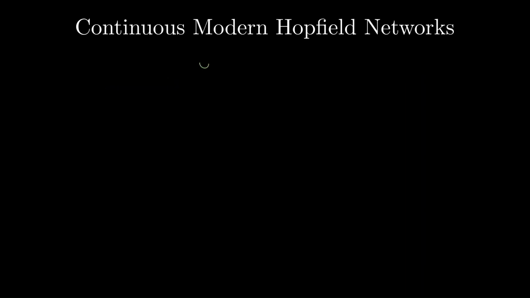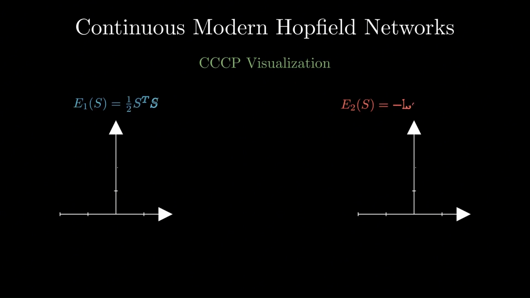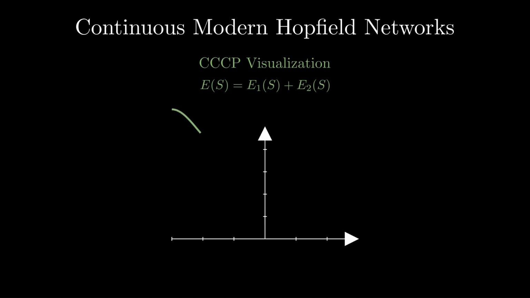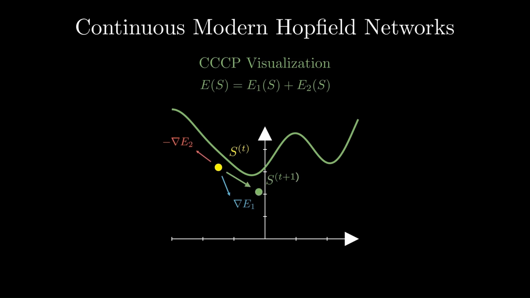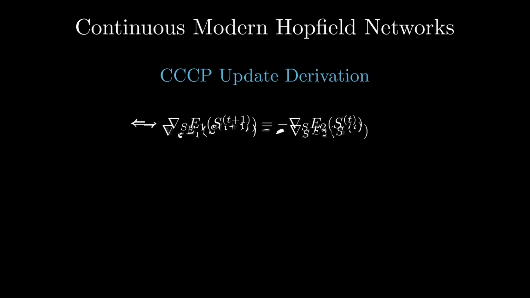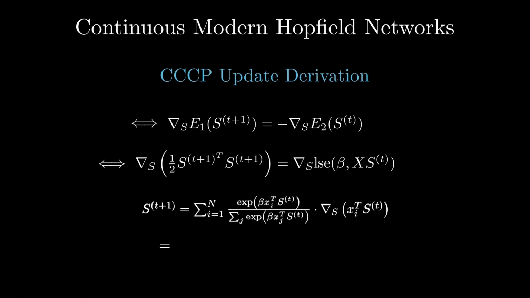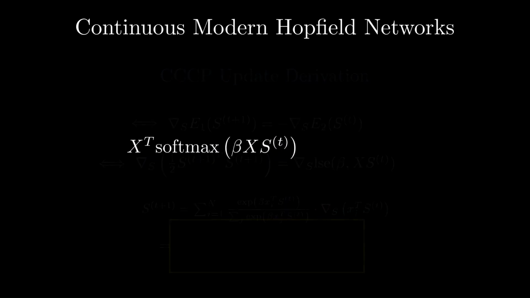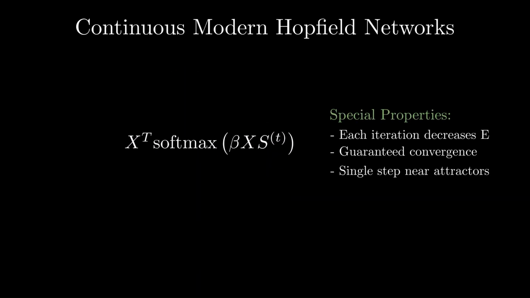When applying CCCP, we get this function for updating S. We then obtain the elegant attention-style update. What's special about this update step is that each iteration is guaranteed to decrease E, and when S is already close to a stored pattern, a single CCCP step perfectly converges to the attractor.